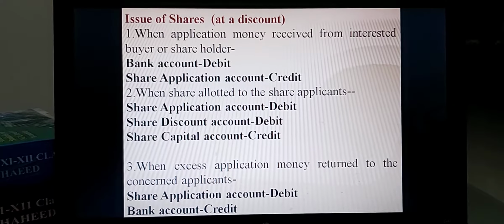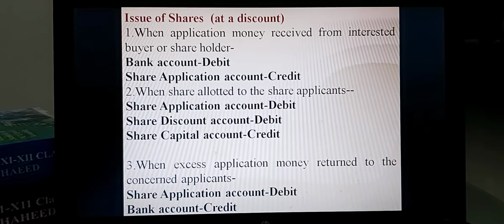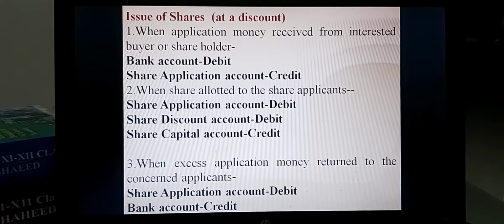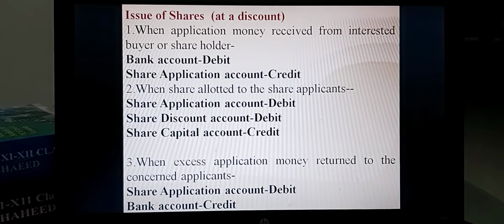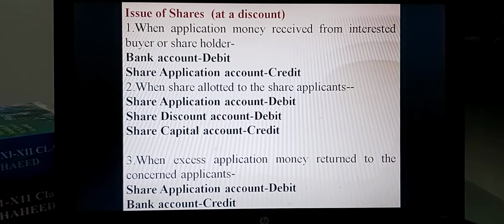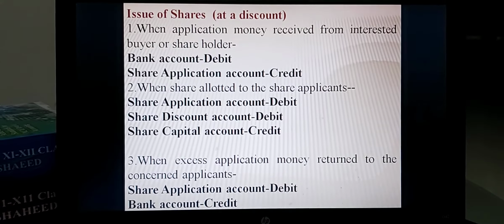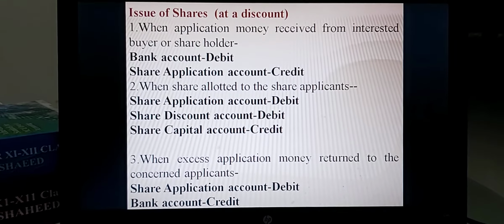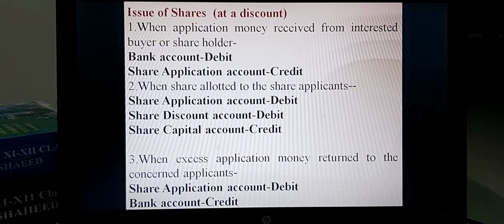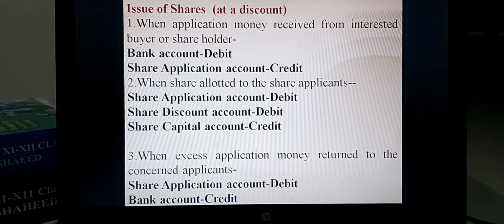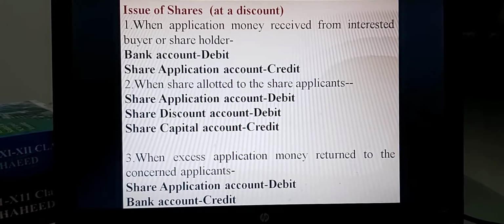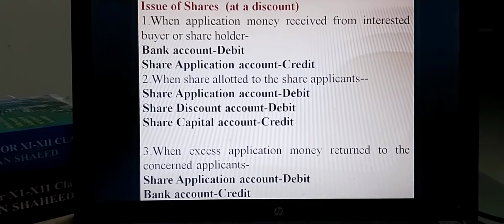Number 2, when shares are allotted to the share applicants: share application account debit, share discount account debit, share capital account credit. When discount is available in the share issue, then always the share discount account is debited, and the share capital account is always credited.